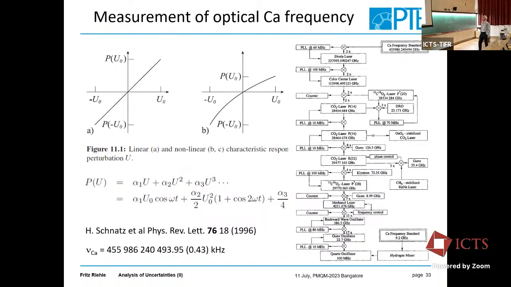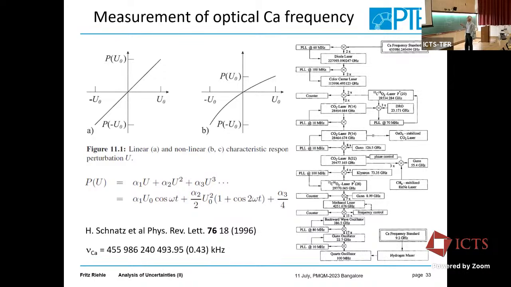We used this in our first measurement of the calcium standard I talked about some time ago, where we directly connected the cesium frequency standard via a hydrogen maser to the optical calcium frequency standard. In this chain, we had a diode laser at half the frequency. We frequency doubled it and stabilized it, so that we were sure that it is exactly 1/2 of this frequency.